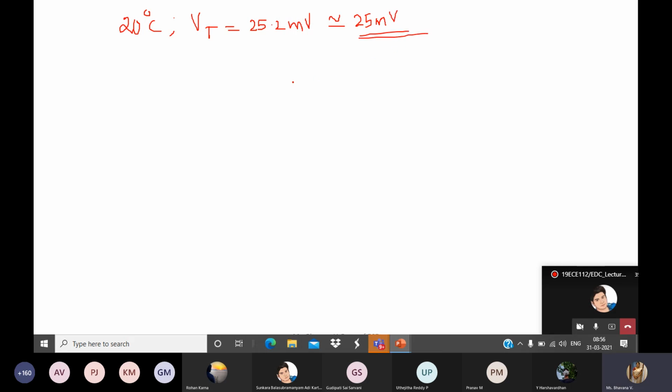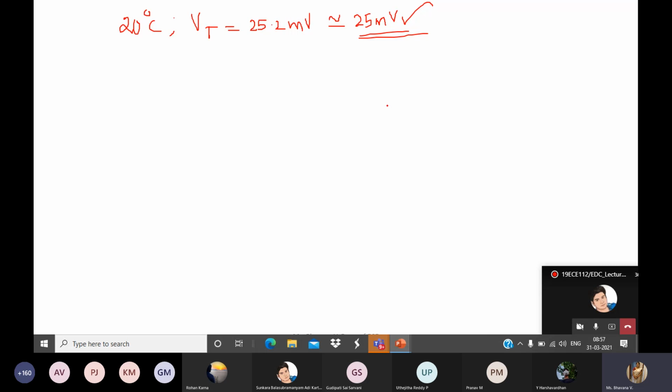Because in most of the questions, and even in bipolar junction transistors, the thermal voltage value will not be given. If some other temperature in degree Celsius is given, you can convert and find the thermal voltage using the equation KT by Q. If nothing is mentioned, you have to assume in all cases Vt equal to 25 millivolt. You must remember at room temperature Vt is equal to 25 millivolt.